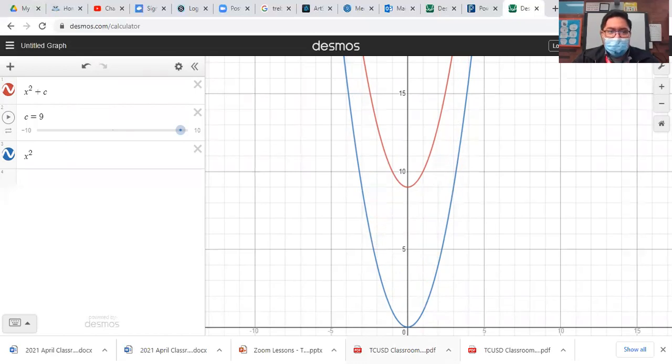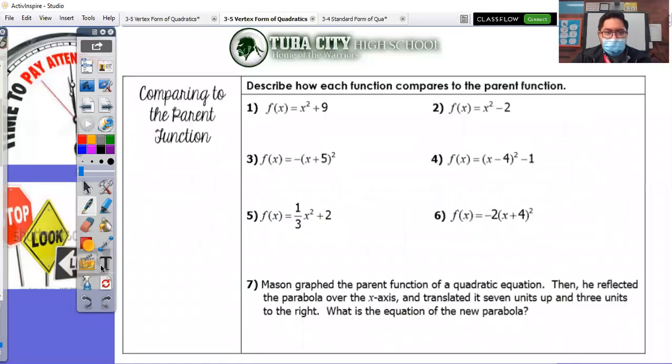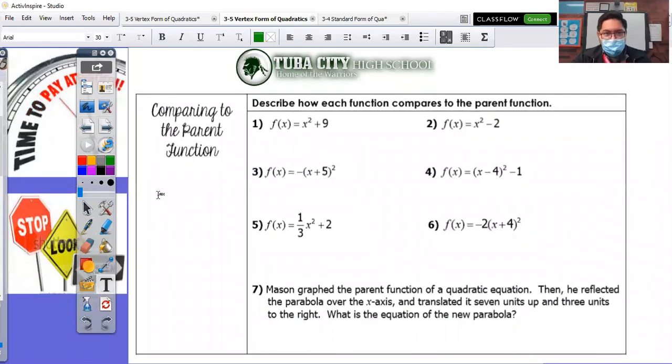And again, these are what we call transformations, and there are 4 of them. The first one is a shift, is what we're going to call it today. The next one is going to be a reflection.